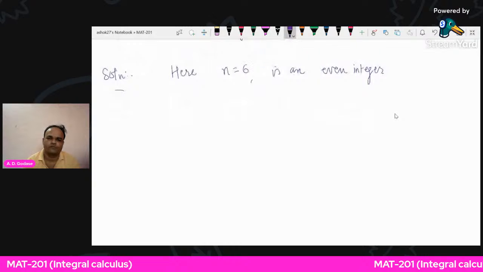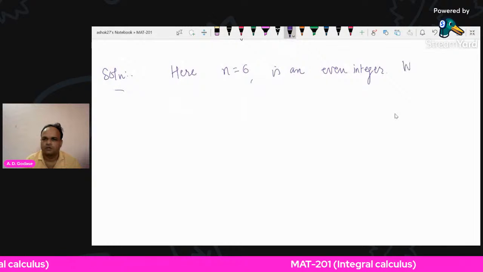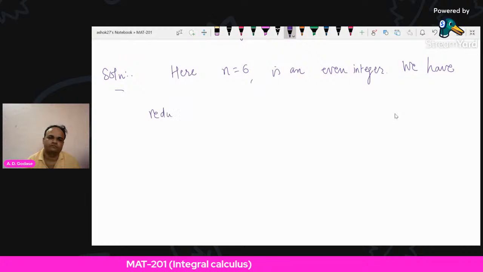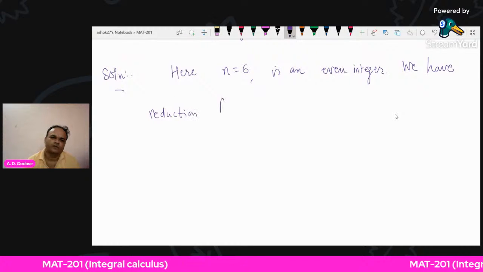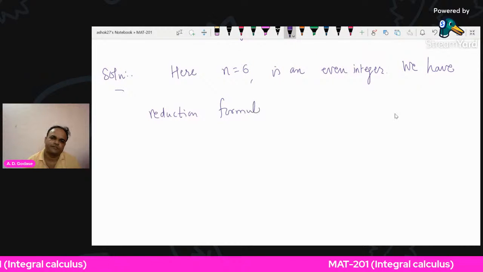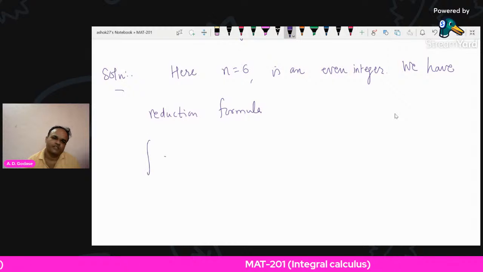So here we have the reduction formula, that is, what is the integration of cos raised to n x dx?